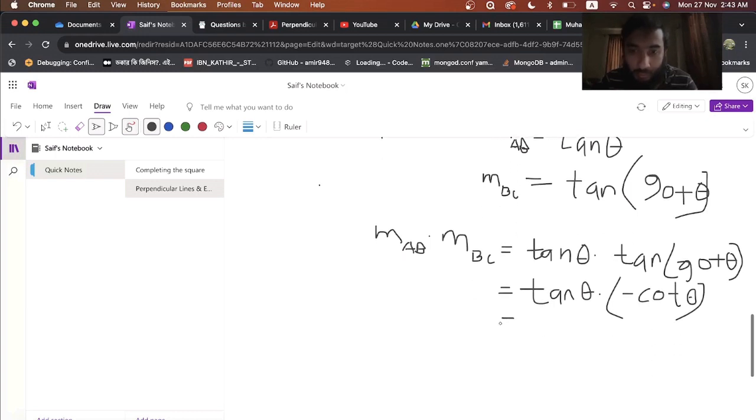So it can also be represented by tan theta dot minus 1 by tan theta, because cot theta is 1 by tan theta.